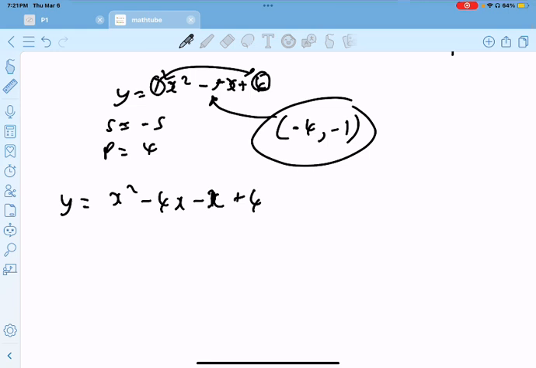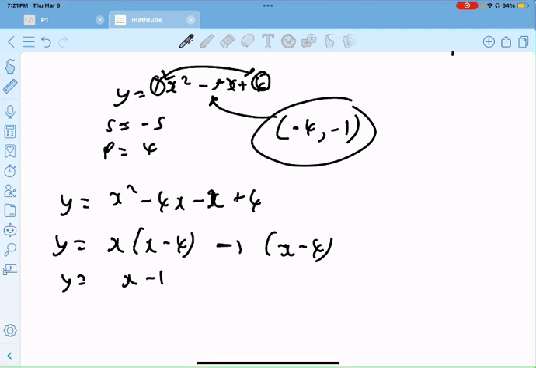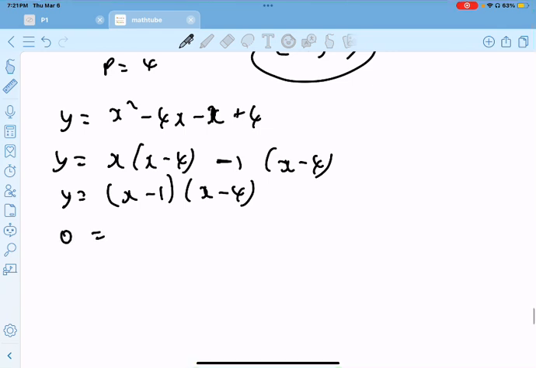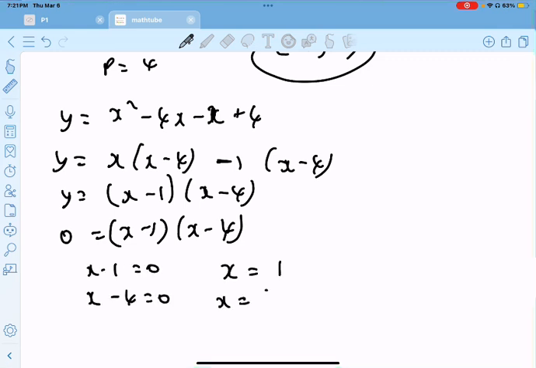Now, how do we find the x-intercepts? We make y 0. First, let's factorize this. Factor out x, x minus 4, and this has to be x minus 4 again. So what comes in between? It'll be a minus 1, so a negative sign. So fully factorized this will be (x minus 1)(x minus 4). Make y 0, so we take each of these: x minus 1 equals 0, x minus 4 equals 0, so x will be equal to 1 and x will be equal to 4.